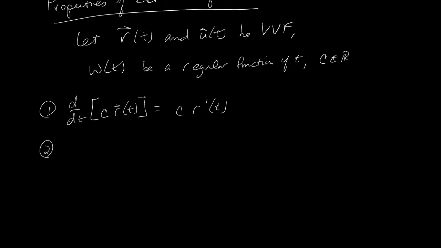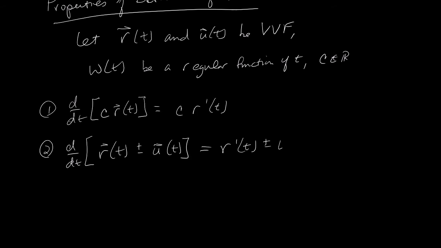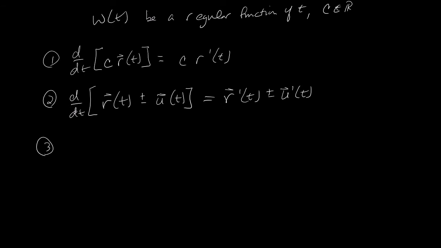Number 2, the derivative with respect to t of r of t plus or minus u of t is just going to be equal to r prime of t plus or minus u prime of t. Okay. Number 3, the derivative with respect to t of w of t times r of t.